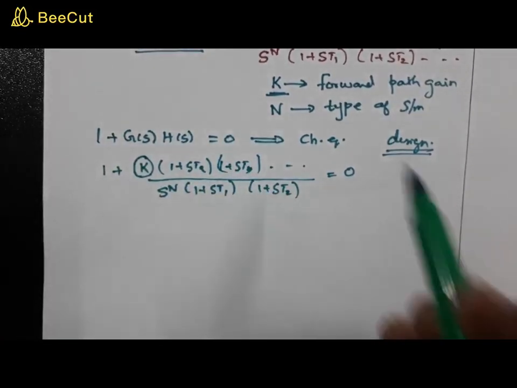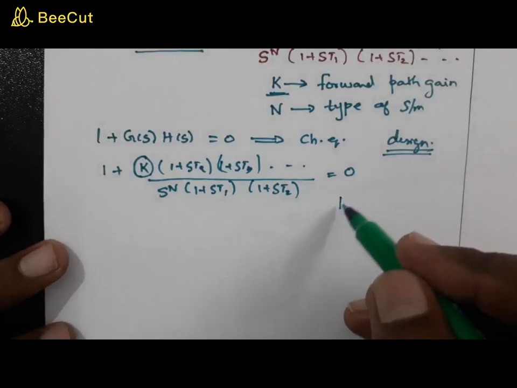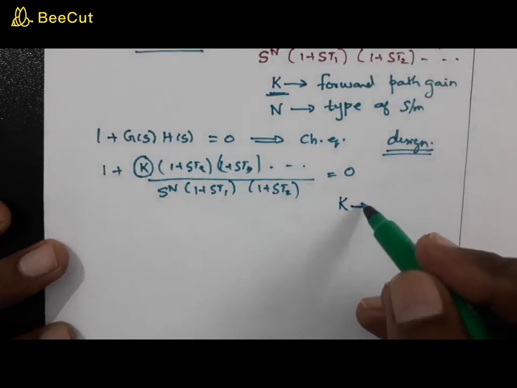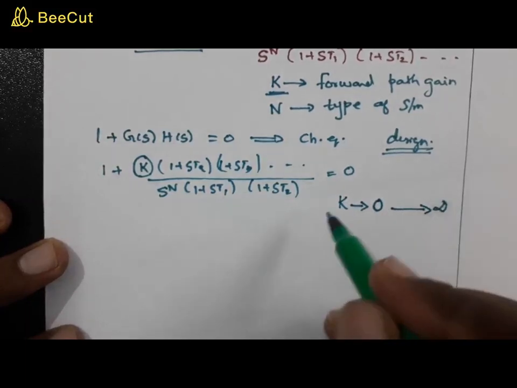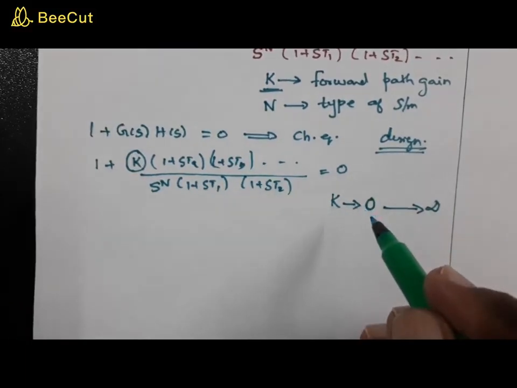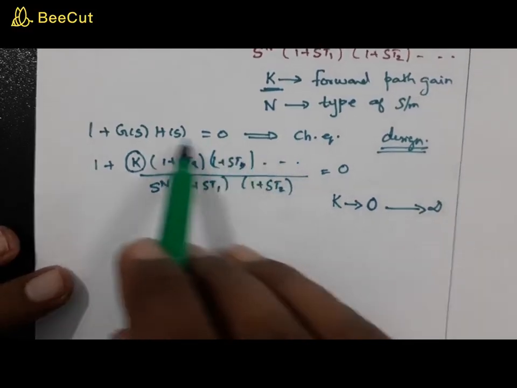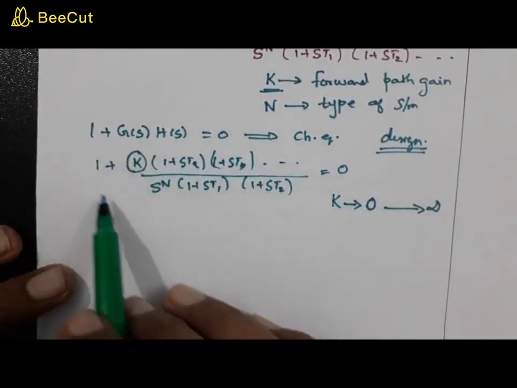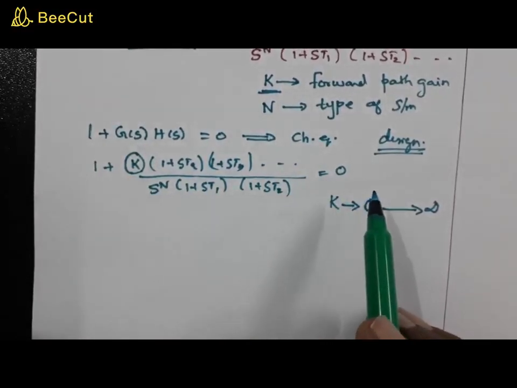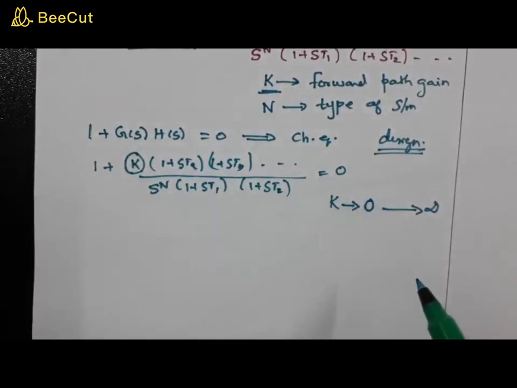So k is the forward path gain, and since gain is a positive quantity, gain can vary from 0 to infinity, right? So as k varies from 0 to infinity, the solution to this characteristic equation will also vary. That means the root also varies.